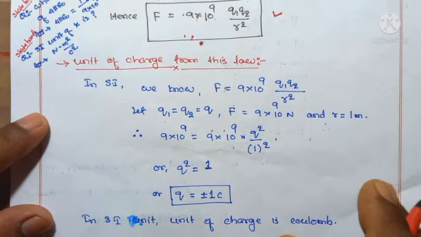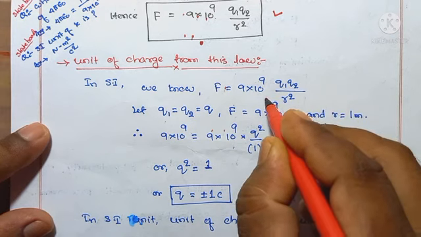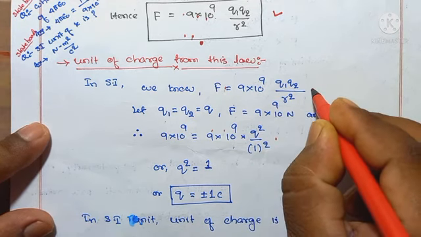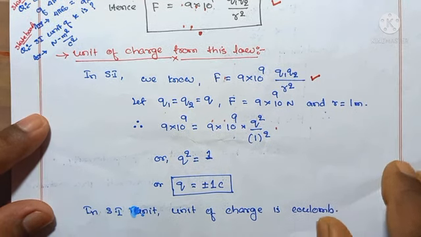we know Coulomb's formula is F is equal to 9 into 10 to the power 9 Q1 Q2 by r square for air medium or vacuum.